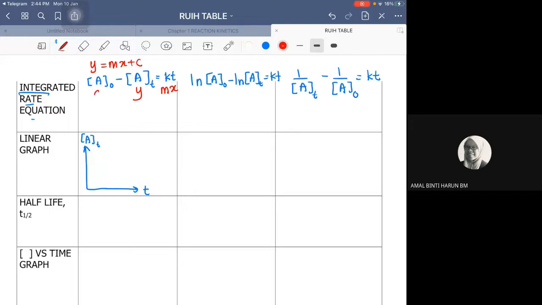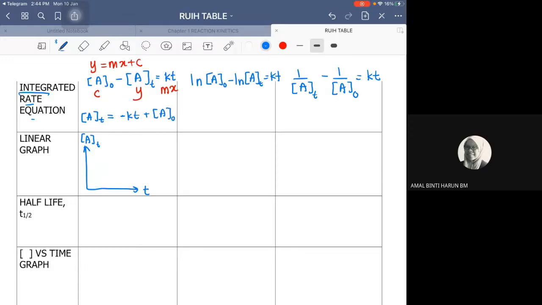Ini C. Macam tu. So, kita rearrange, kita akan dapat concentration A time equal to tolak KT plus A initial.